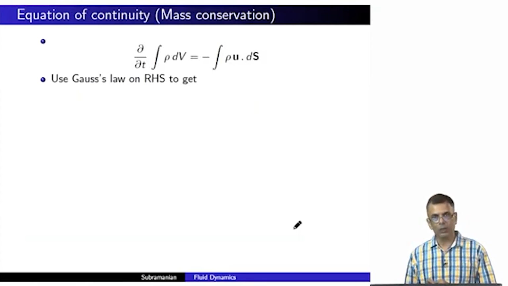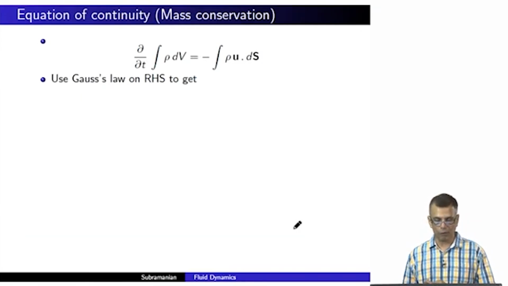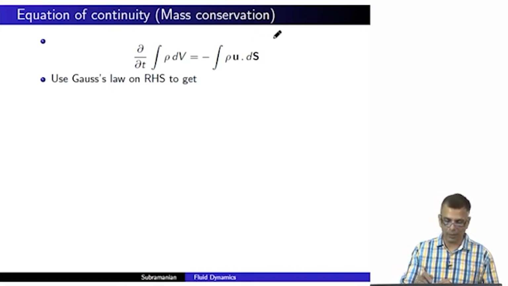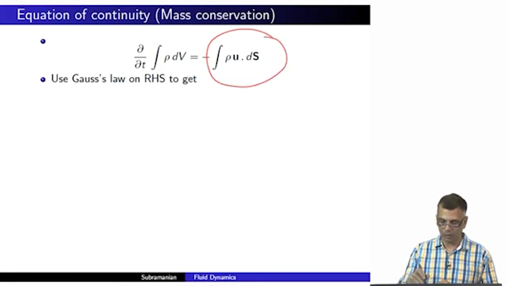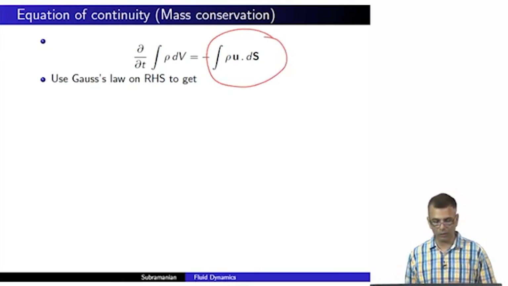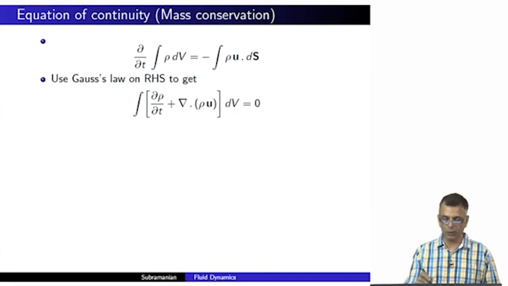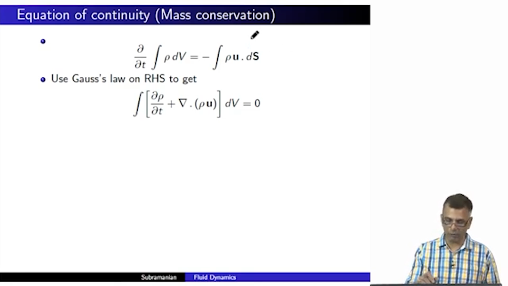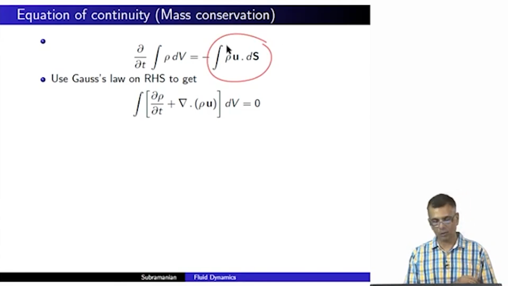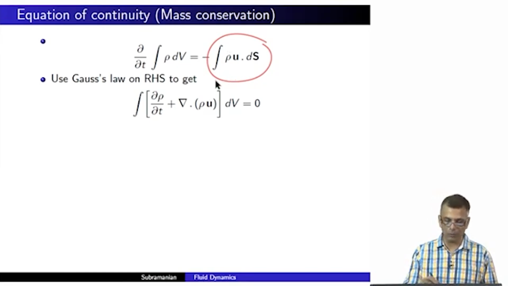And now we do a little bit of vector calculus. We apply Gauss's law to the right hand side to get the following. In other words, we convert the surface integral into a volume integral. So in doing so, this becomes this.